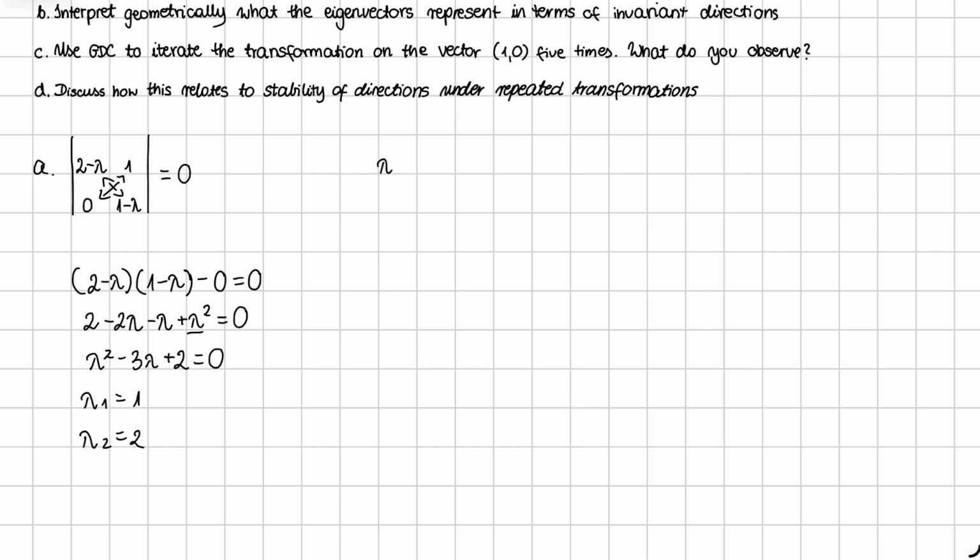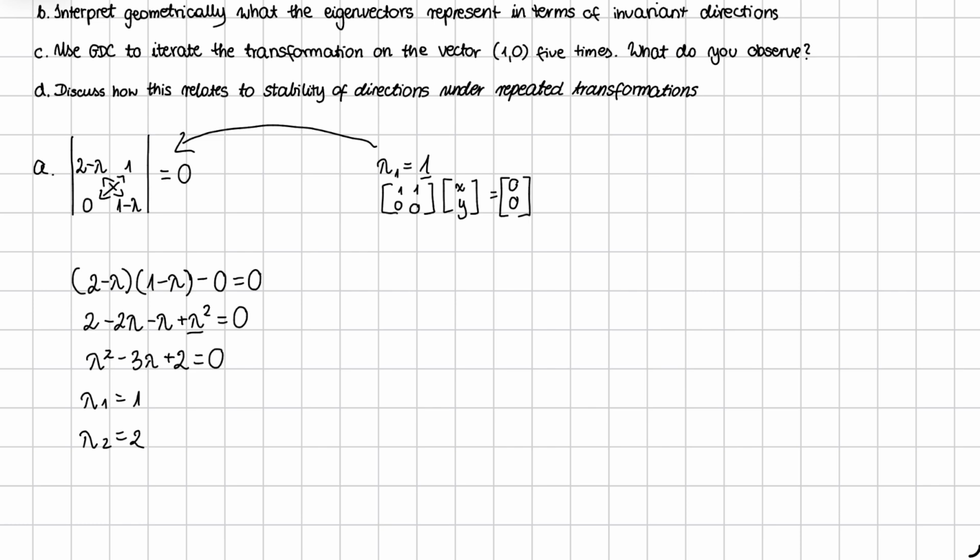So let's start with lambda 1, that is 1. So we have to substitute 1 into this. So our matrix is 2 minus 1, so 1, then we have 1, then 0, and then 1 minus 1, so 0, and then we multiply it with (x, y), and this is equal to (0, 0).